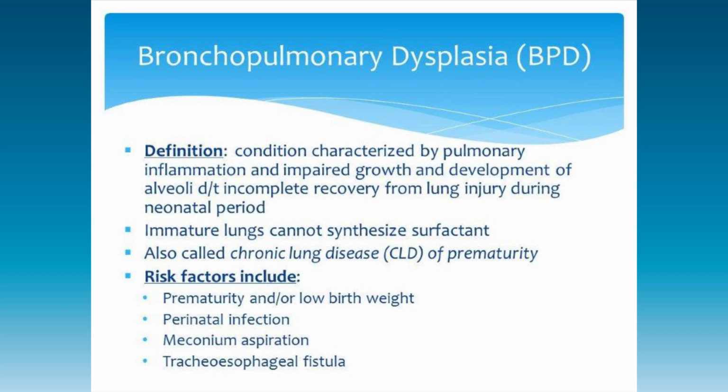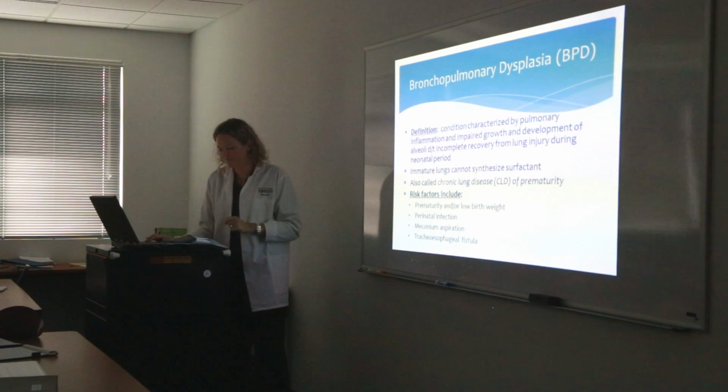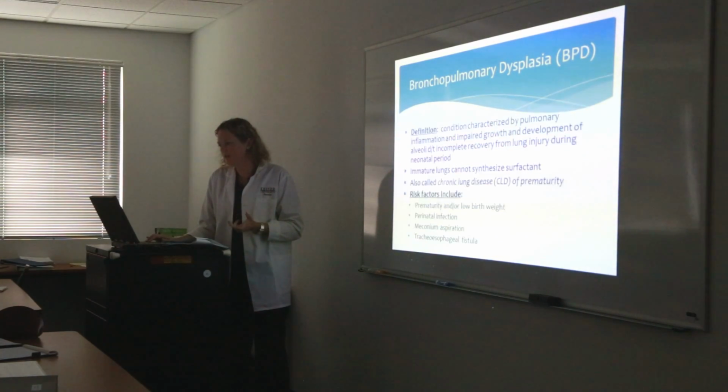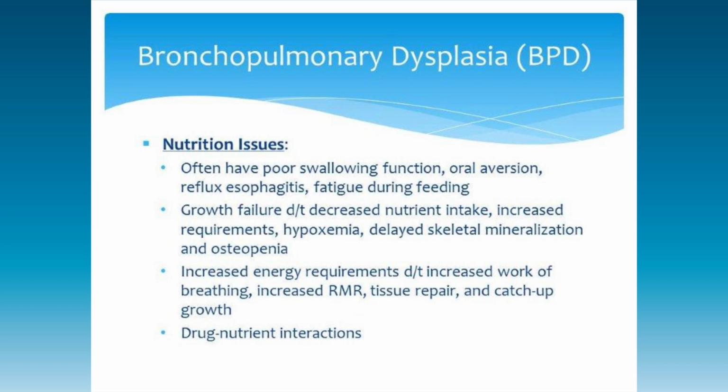So that's going to lead to major respiratory problems if they inhale that. That's meconium aspiration. The tracheoesophageal fistula is another risk factor for BPD. Probably the most common one is prematurity and just the lungs not being developed. But they're going to have a lot of nutrition issues.